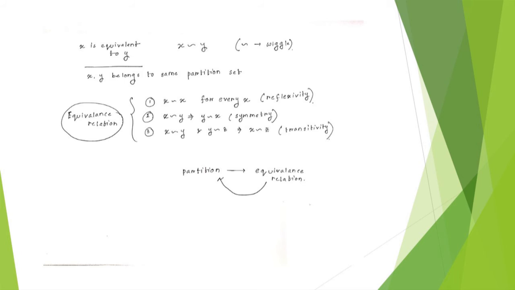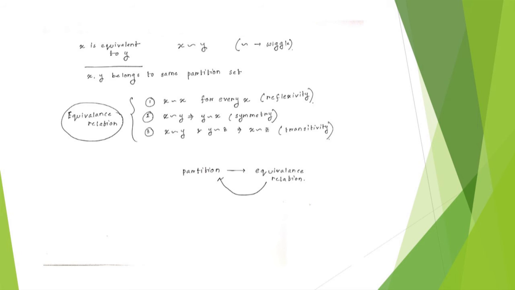Property number two, if x wiggle y, this implies y wiggle x. This is also very obvious: if x and y belong to the same partition, then y and x belong to the same partition. This property we call symmetry.